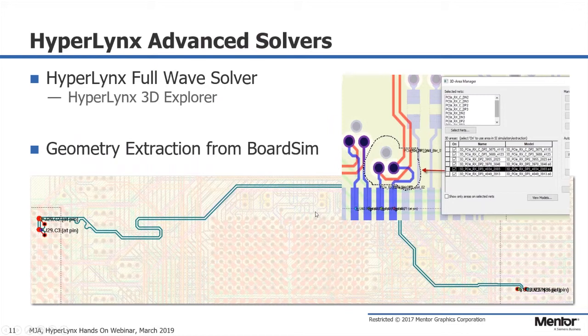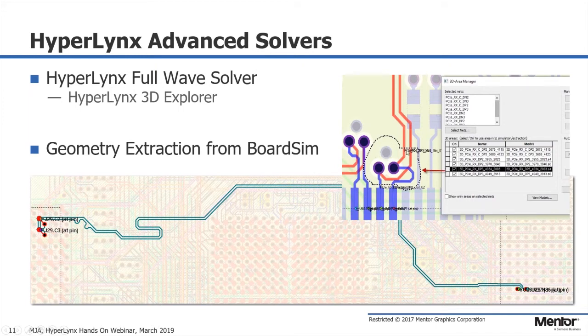The advanced solvers, I mentioned they're the full 3D field solvers. So this picture down here is looking at BoardSim, but the BoardSim trace itself is pretty good, but I get to these little structures where I'm going through the board, there's vias, there's ground plane stitching vias to try and help with the impedance.